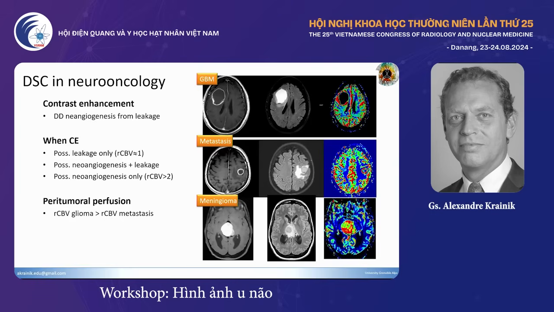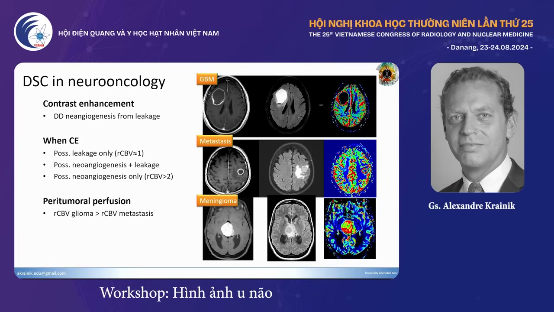Okay, then remember that in neurooncology, contrast enhancement is really different from hyperperfusion. It can be associated with hyperperfusion. It can also be associated with leakage, only increased permeability. And then it really depends on the circumstances.